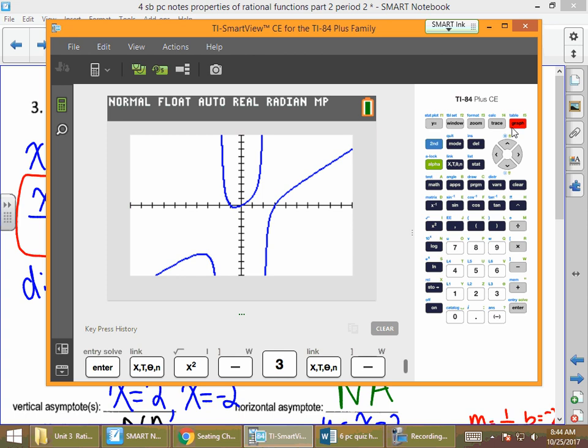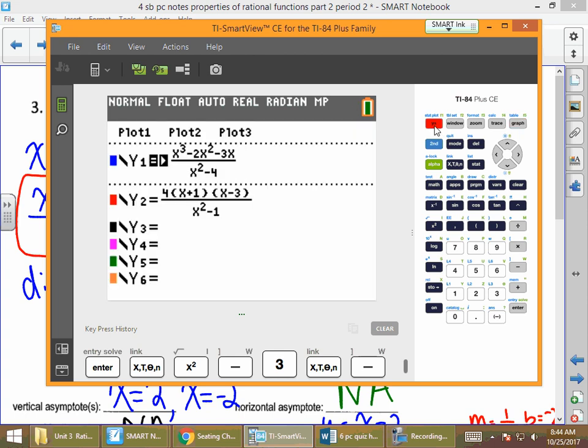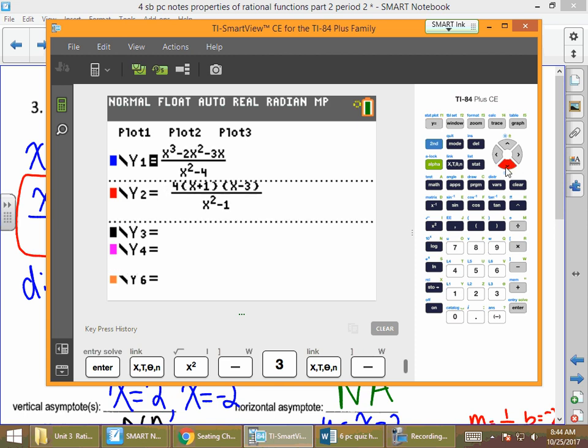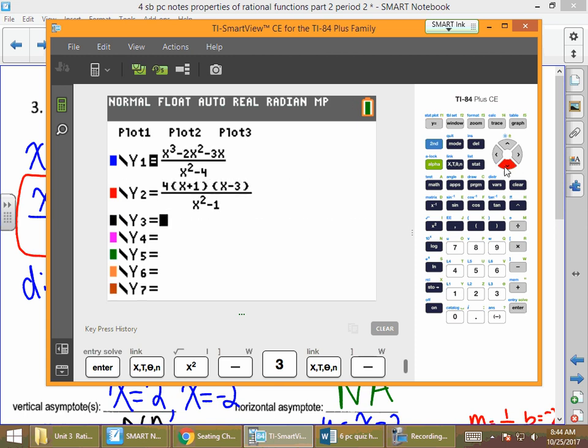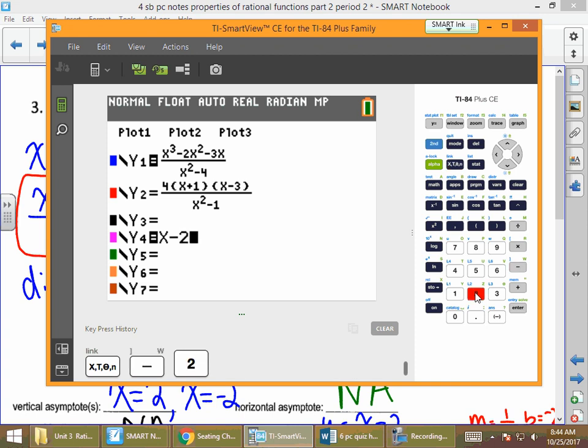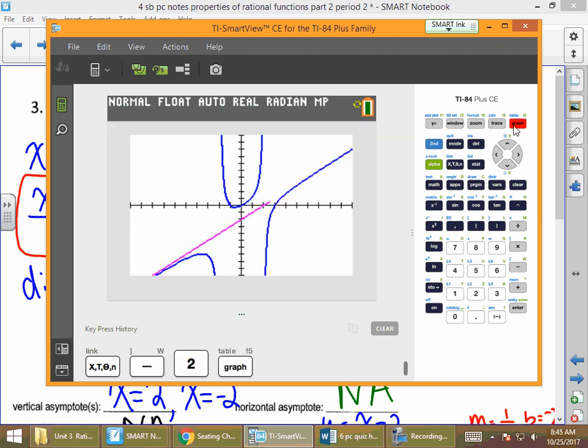Because remember, an asymptote is a line that a graph is approaching, but not quite touching. So if we go back to our y equals here, and we type in, in purple here, the x minus 2. Does that look like it's a reasonable answer? It does.